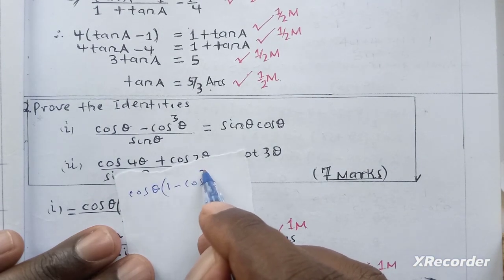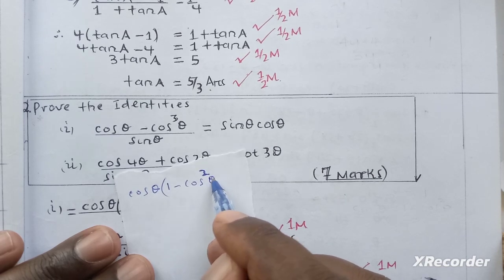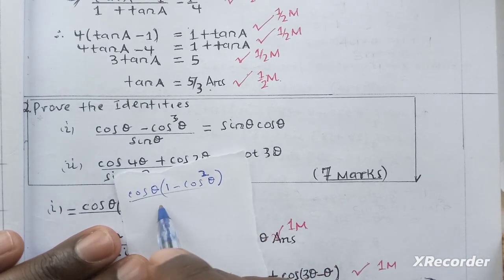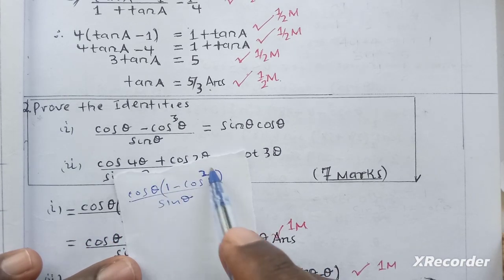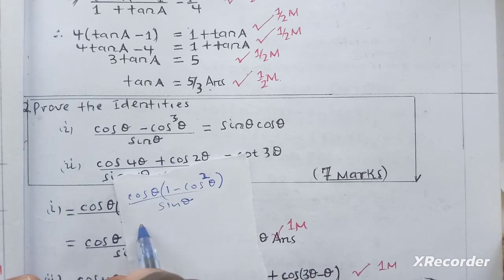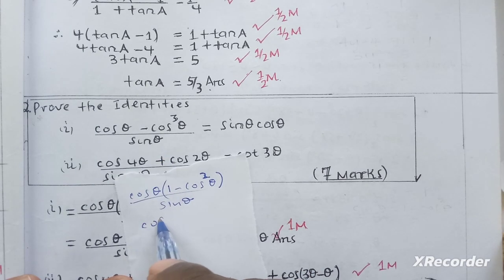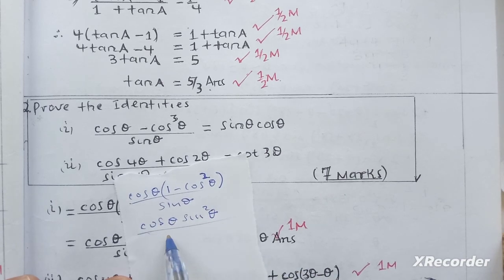When we factor out, this one is going to remain as cos squared theta, all over sine theta. Remember, from trigonometric identities, this is supposed to be sine squared. So this is sine squared theta all over sine theta.